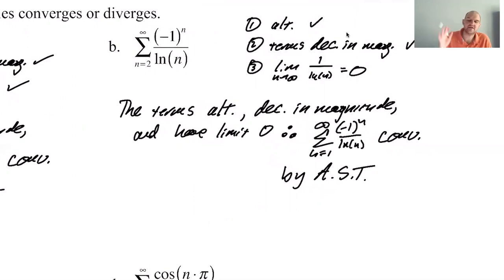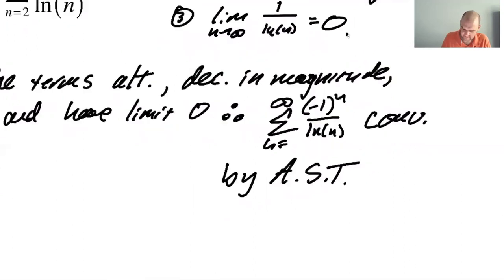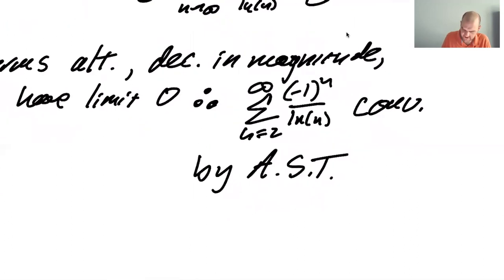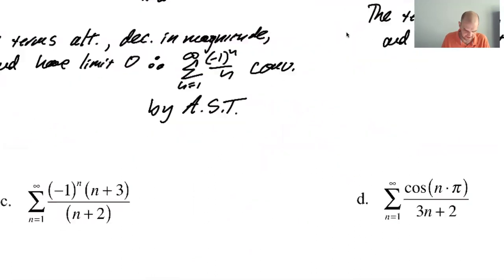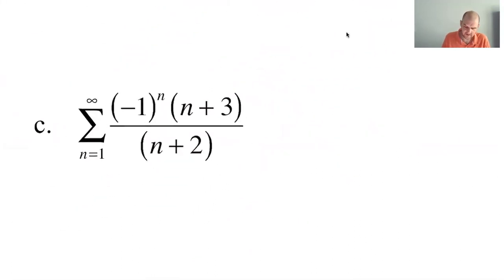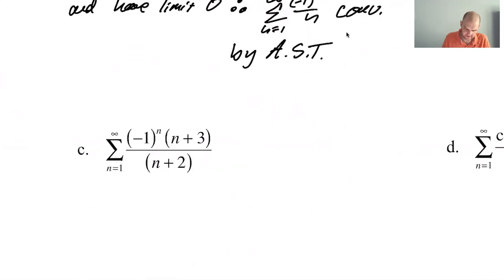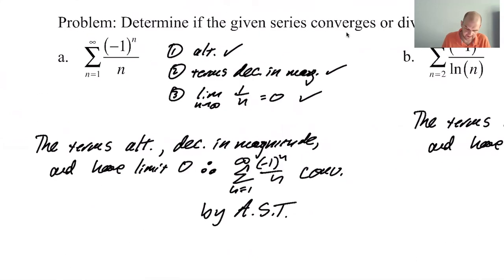Therefore, the sum from 2 to infinity converges by the alternating series test. Sometimes it's harder to copy than it is to just do it. Definitely does.